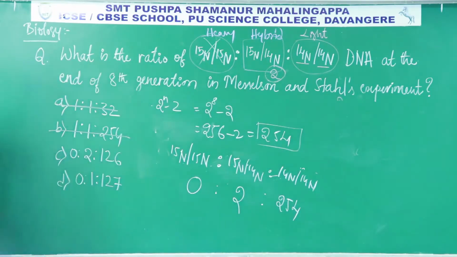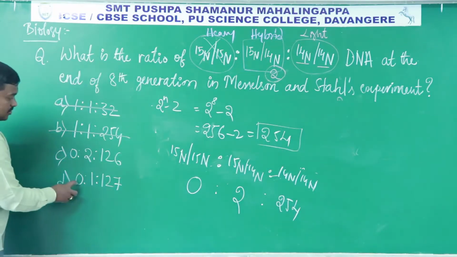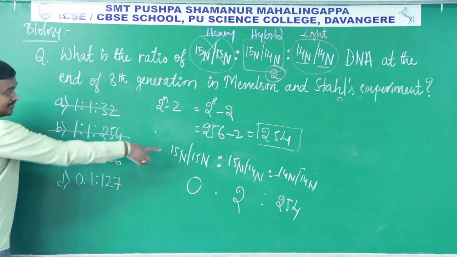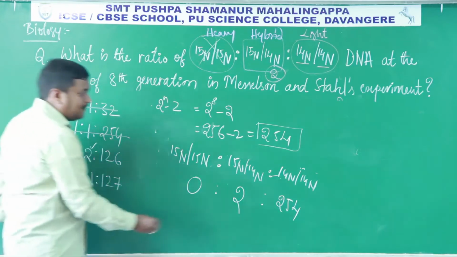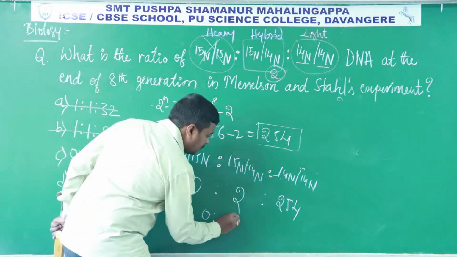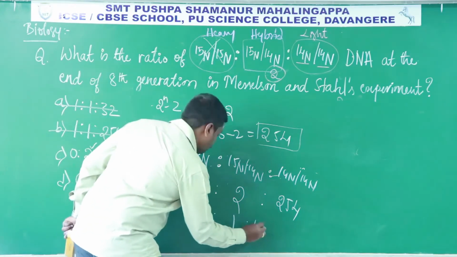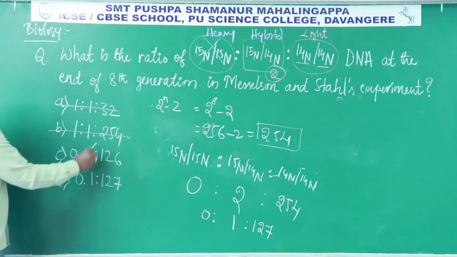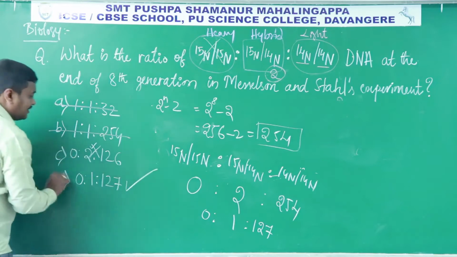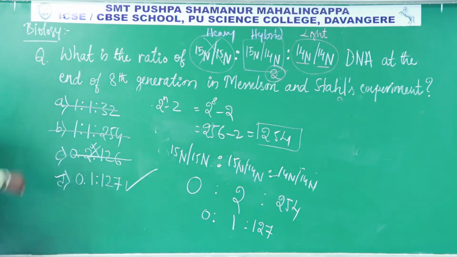Now search for the option. So 0, 2, 254. Here the second is 2, but here it is 1 and 126. So you can simplify it further: 0 is to 1 is to 127. So this is not the right answer, this one is the right answer, and this is the wrong one.